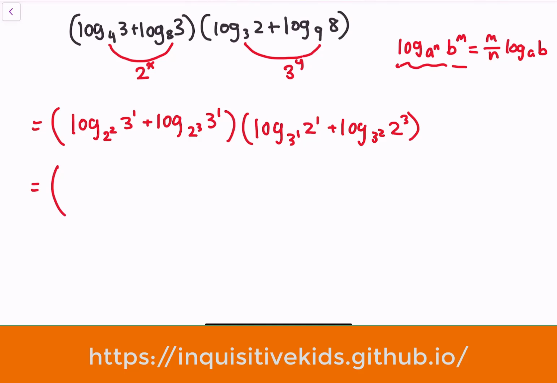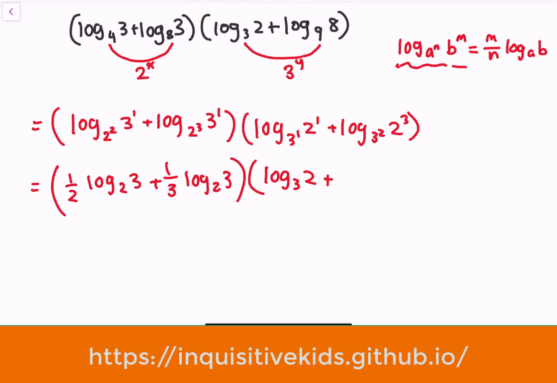Our first term, we will be left with 1/2 times log base 2 of 3, plus 1/3 times log base 2, 3. And in our second parentheses, we have log base 3, 2, plus 3/2 log base 3, 2.